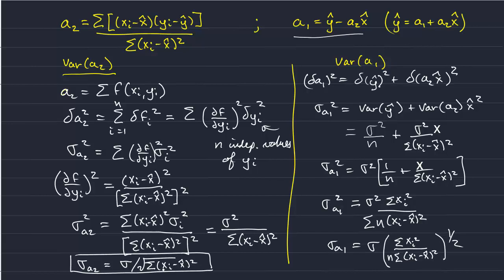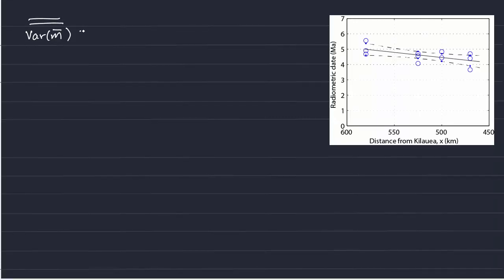So now it turns out that we can write these solutions in matrix form as the variance of our model parameters, and this turns out to be a matrix. Okay, that's equal to sigma A1 squared, and the covariance of A1 A2, and then we have the variance of the slope in the other diagonal.